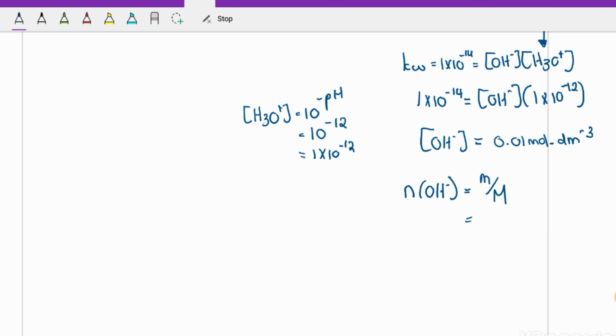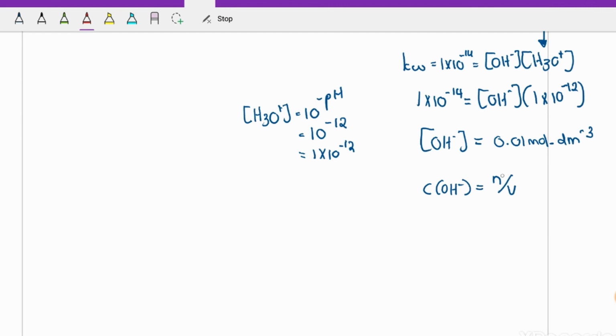This is the moles. Okay, we are not going to use this equation, because we don't have the mass of this. We can get the molar mass, but we don't have the mass. So we're not going to work with this equation. Instead, we are going to work with the concentration of OH minus is the moles divided by the volume.